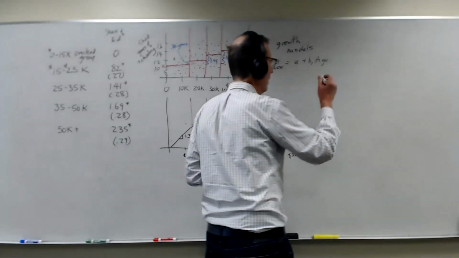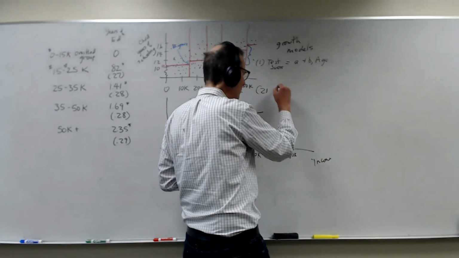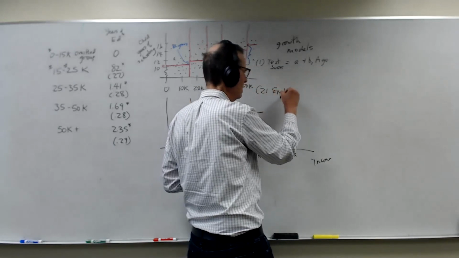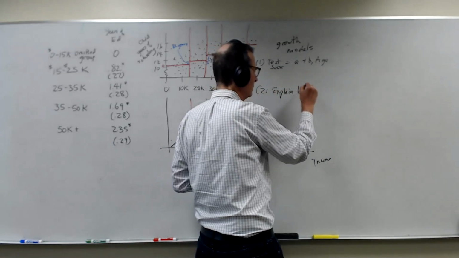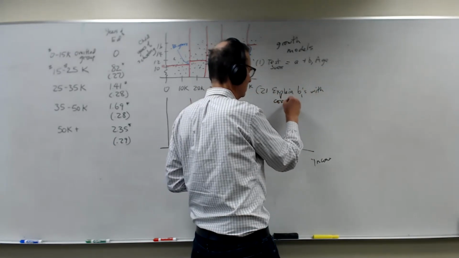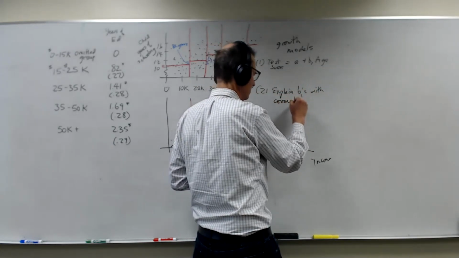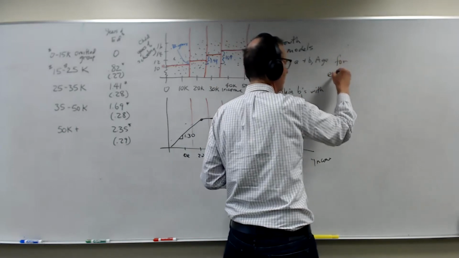But what often happens, and then level 2 is to explain the B1s with covariates. So you estimate this for every child.